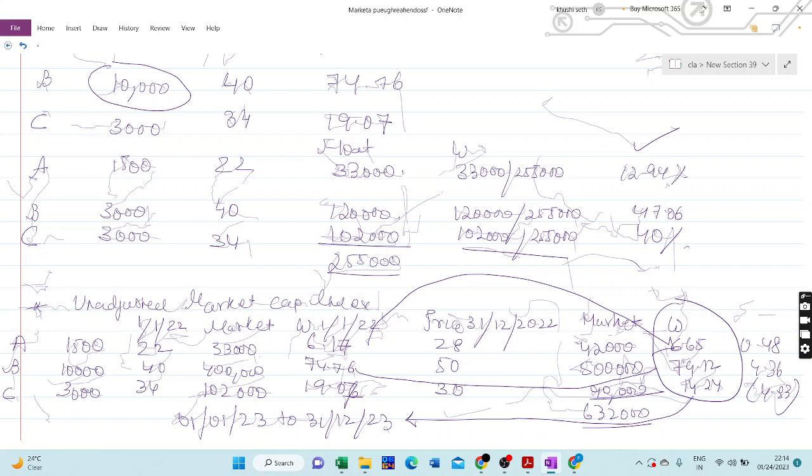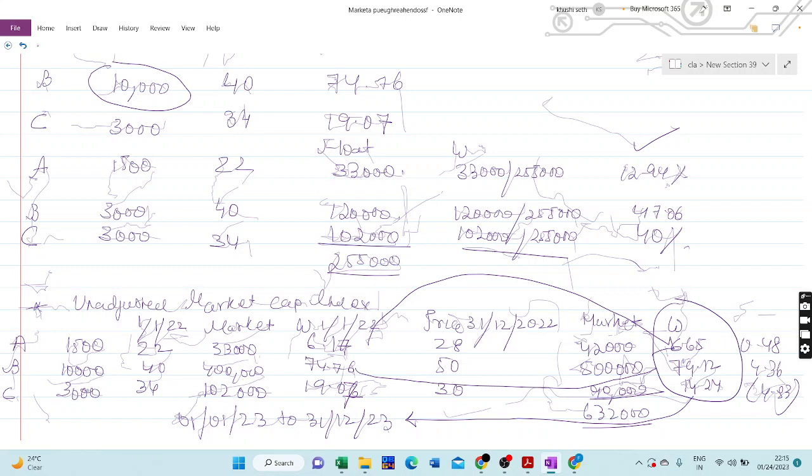So guys, please note, the idea is that prices of stock A and B have increased. Price of stock A has increased from 22 to 28, and price of stock B has increased from 40 to 50. So prices of stock A and B have increased, so its weight in the unadjusted market cap index has also increased by 0.48% and 4.36% respectively.